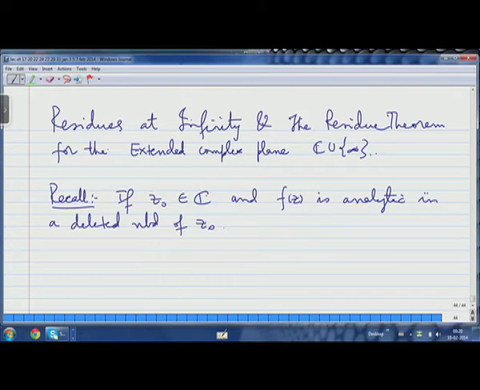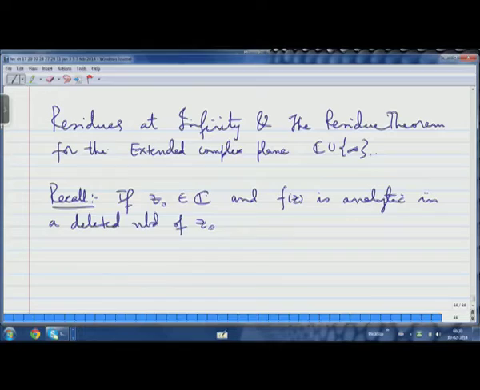It could be a removable singularity, which means that it is not really a singular point, it could be an analytic point, but on the other hand it could be an honest singularity, a pole or an essential singularity.